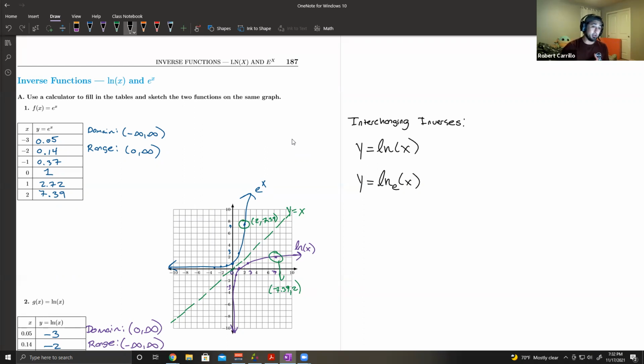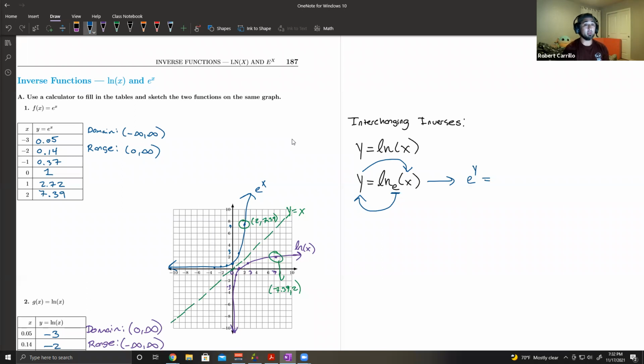Now we are going to go from the natural log to the exponential function. In order to do that, I take this base of e and raise it to that outside number of y, so this becomes e to the y power, equal to whatever's inside my parentheses.